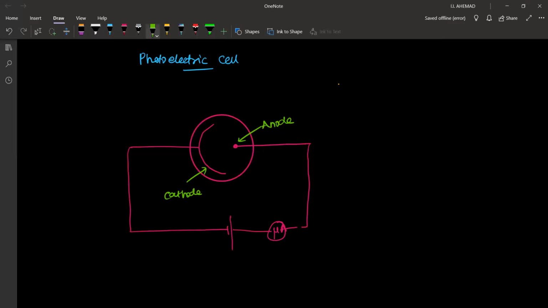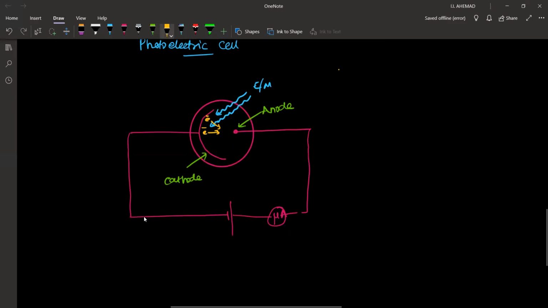What we do here is we shine light, or we radiate this cathode with electromagnetic wave. If the energy of this electromagnetic wave is sufficient, it will release photoelectrons.